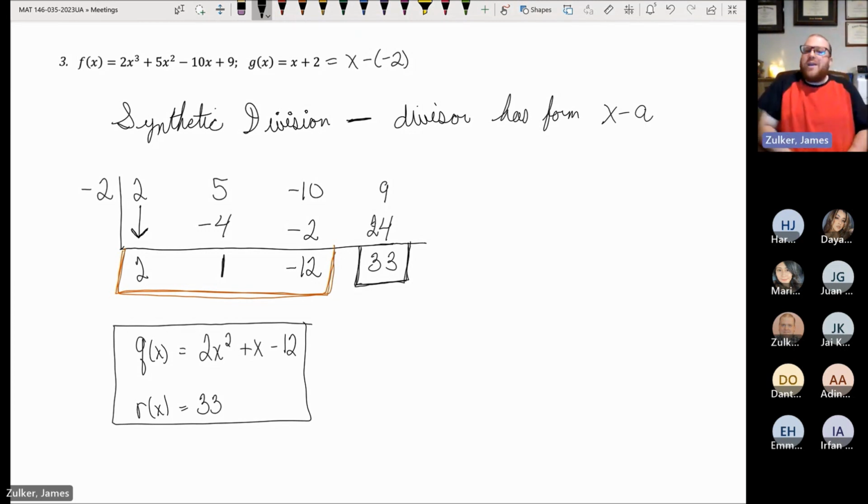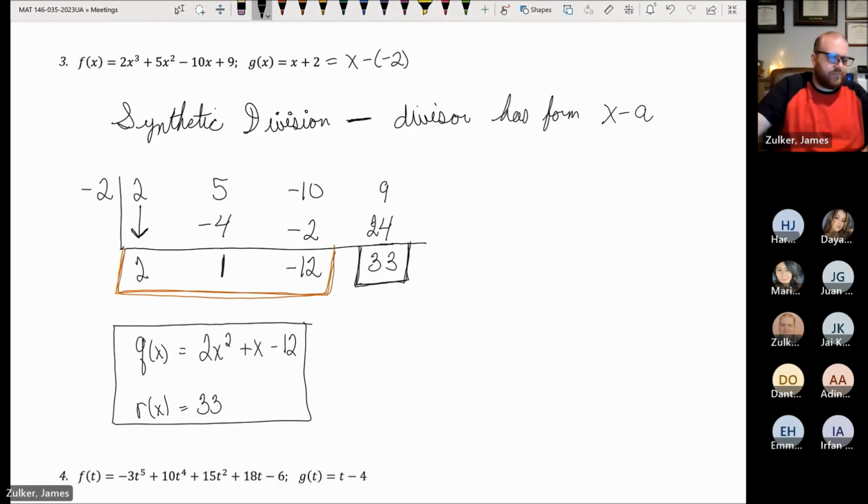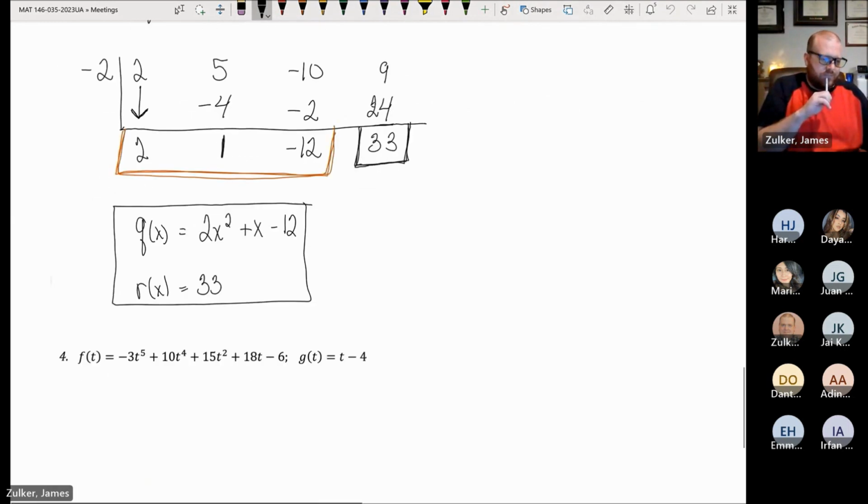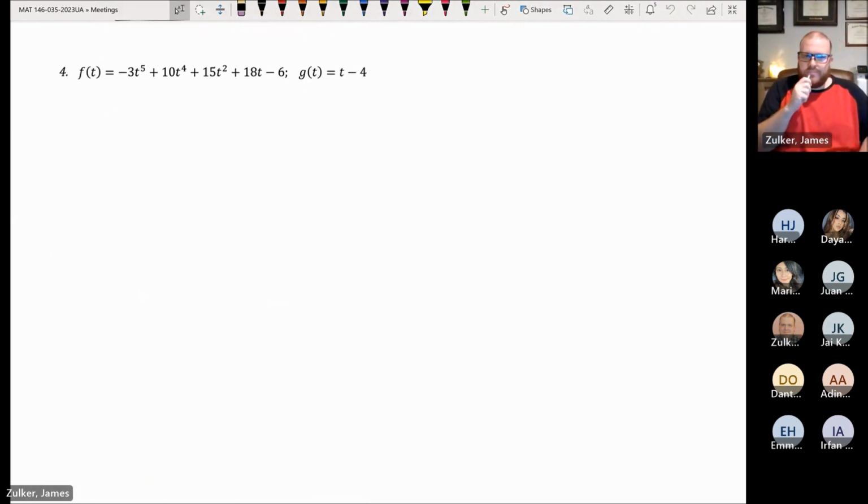Q of x is then 2x squared plus x minus 12, and the remainder is 33. Can we use synthetic division?